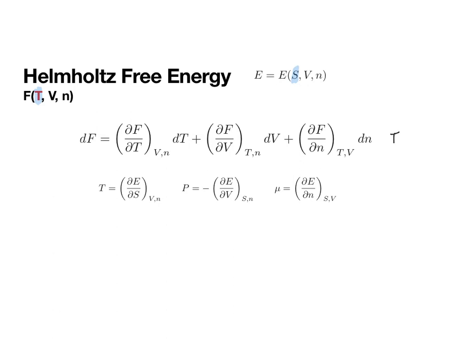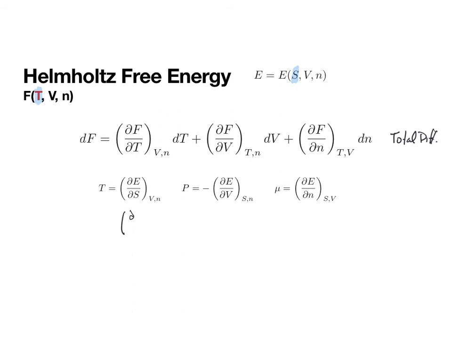So the total differential, like we have done before, is dF equals the partial of F with respect to T, dT, plus the partial of F with respect to V, dV, plus the partial of F with respect to N, dN. And now we have to work on our transforms.